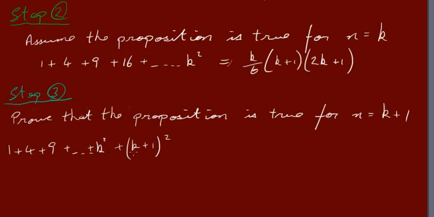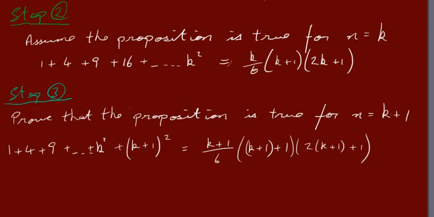So this is up as far as k, and this is up as far as k plus 1, where I square it. Now on the right hand side I'm going to end up with k plus 1 over 6 times k plus 1 plus 1 times 2 times k plus 1 plus 1. So this is the right hand side where I just substituted in k plus 1 here, here, and here.